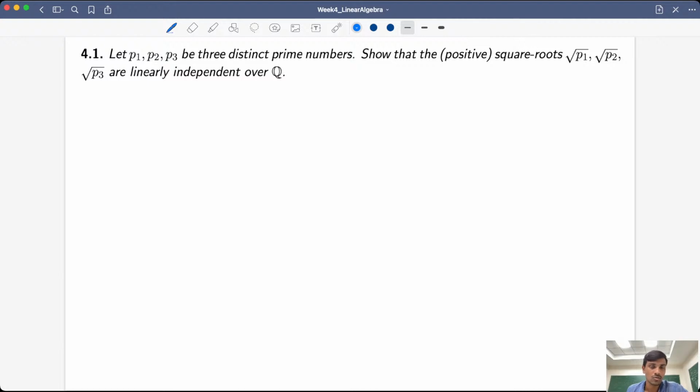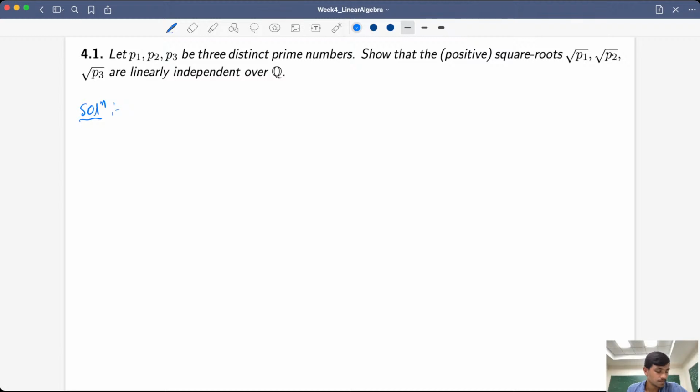Okay, so how to proceed? Any idea? Okay, then let me proceed.